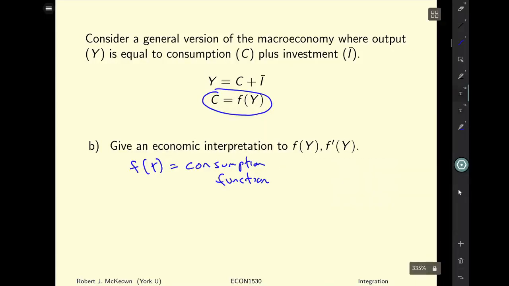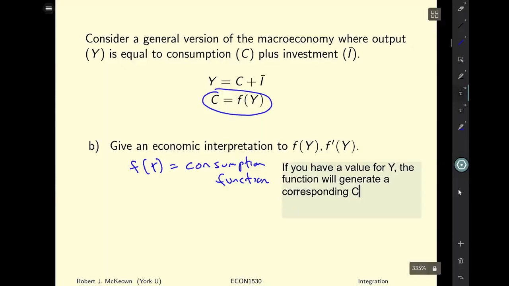If you have a value for Y, the function will generate a corresponding consumption value C.